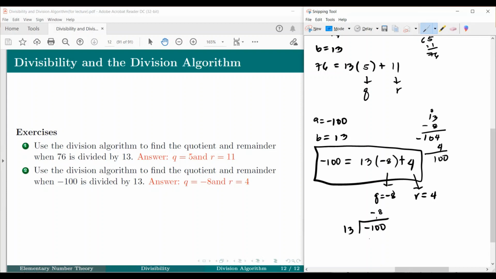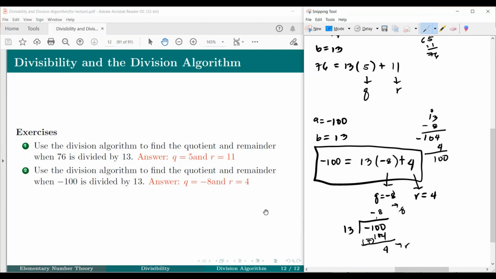So we know that this is negative 104. And then change the subtrahend. This becomes positive 4. So in that case, it's difficult to use the long division method for this case. So the better you use the division algorithm in this case. So this is our Q and this is our R. So medyo complicated if A is negative. So the better if you use the division algorithm.